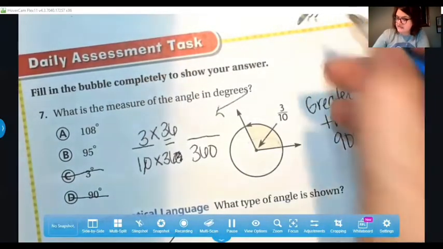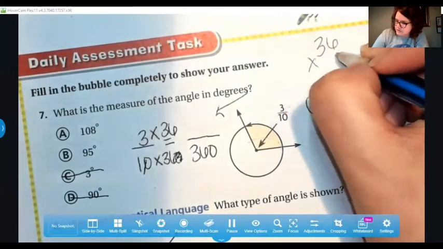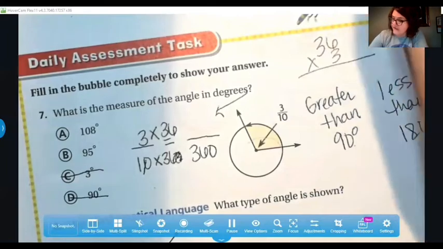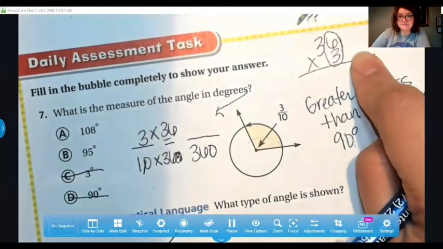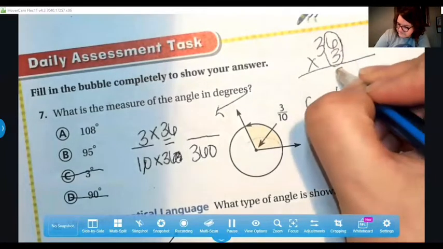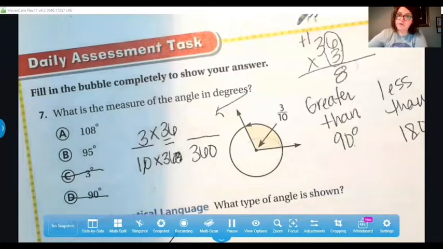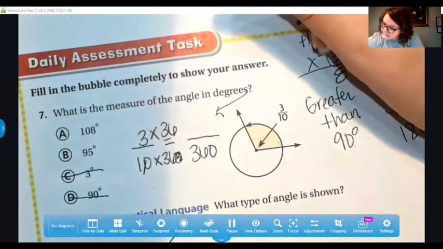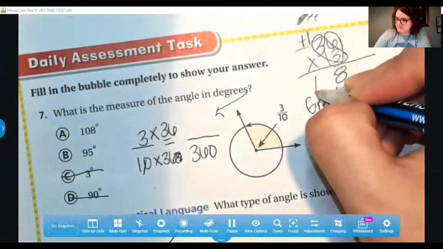And if I take 3 times 36, 36 times 3, we've got 6 times 3 is, carry that 1 over, and then 3 times 3 is, and add your 1.